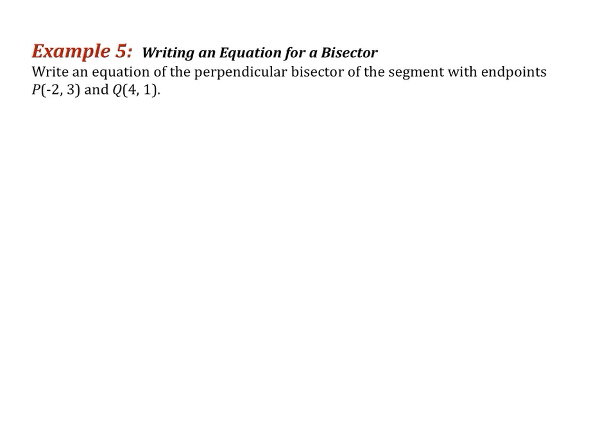All right, our final example, number 5, is writing equations for bisectors. So this is a lot of practice from algebra, just writing equations. We want to write an equation of the perpendicular bisector of the segment with endpoints at P located at (-2, 3), and the other endpoint Q located at (4, 1). Our first step is to graph segment PQ.